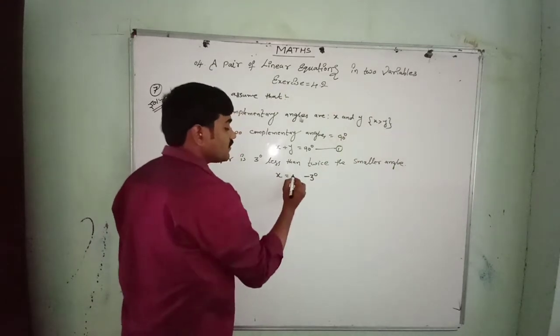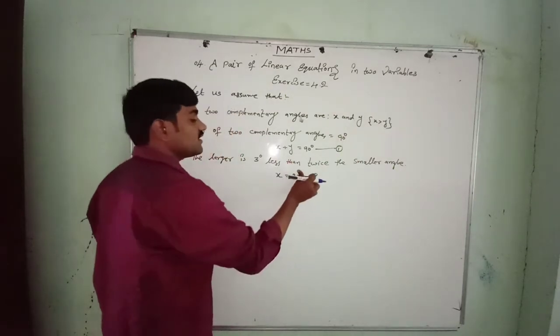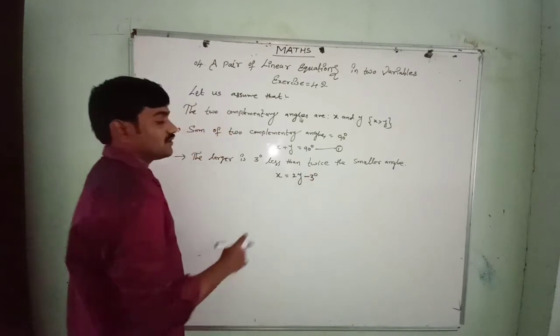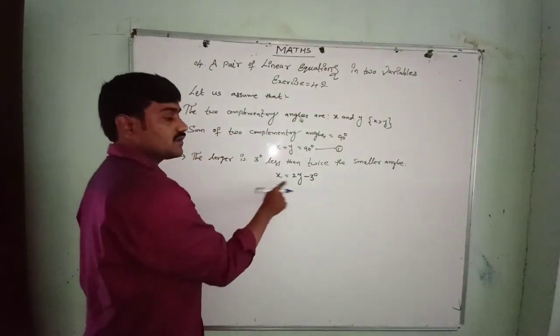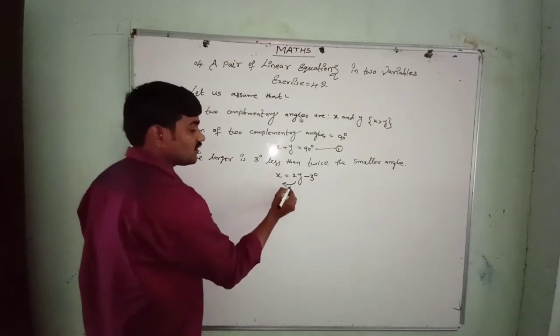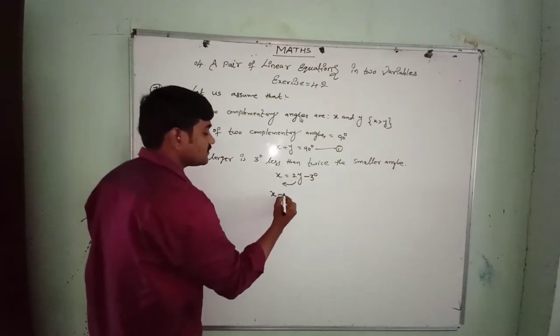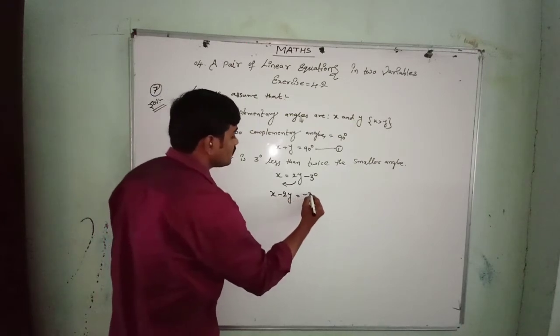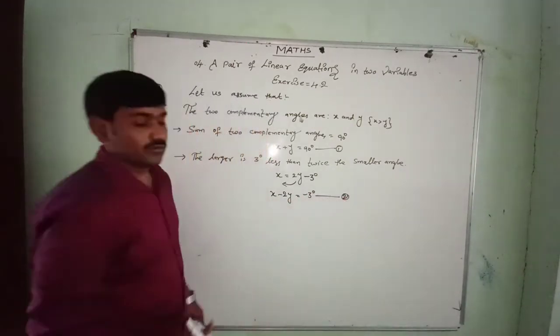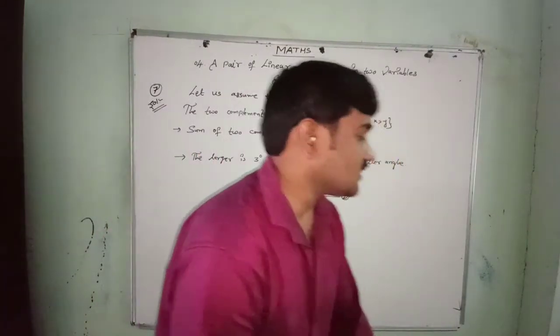The smaller angle is y, no? So twice the smaller angle is 2y. This minus 2y you transfer to this side: x minus 2y equals minus 3 degrees. This is equation number 2 now. From equations 1 and 2, let us see.